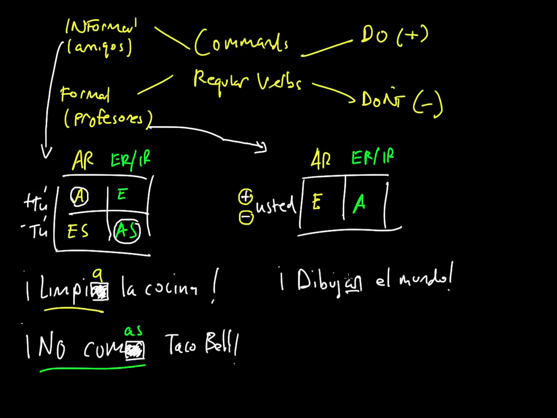So now I'm going to take off this AR, and I'm going to select E. Okay, so now it says dibuje el mundo. Okay, so let's just draw the world, right? You gave me a command, so I have to do it. Dibuje el mundo. So here's the world.